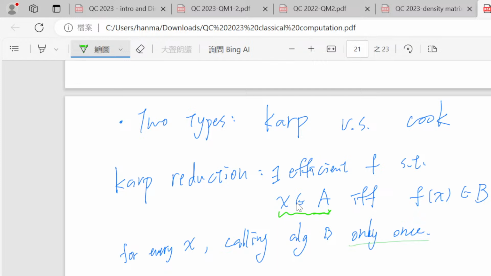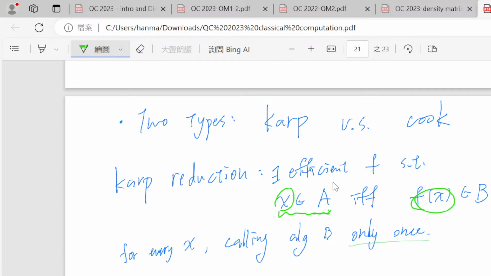The Karp reduction is saying that you can map this input to a different input efficiently. So if you want to solve whether X is inside A, then you just solve whether f of X is inside B.